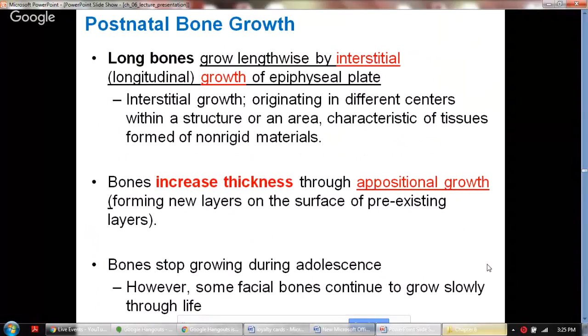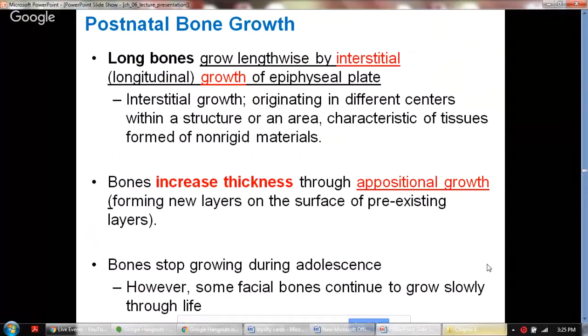In addition, bone can increase its thickness as well through appositional growth, that is, forming new layers on the surface of a pre-existing layer. So you have to remember the interstitial growth makes the bones elongated, makes them long.